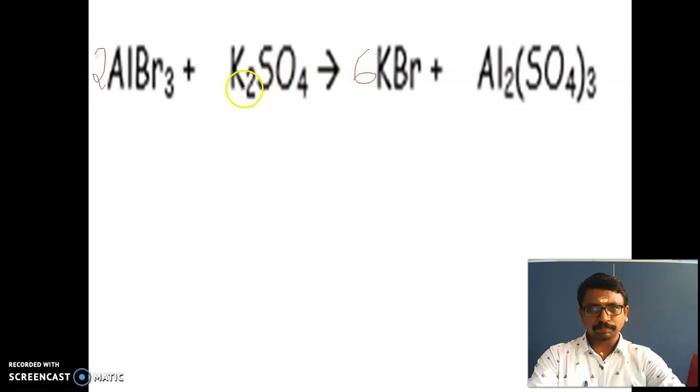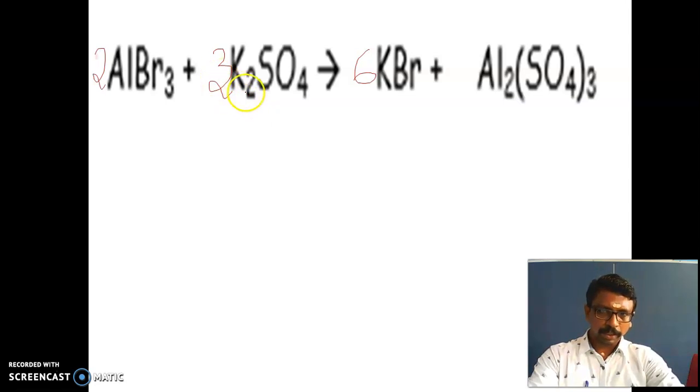And potassium you can see here. So how many number of atoms are here? Only 2. But in product the potassium contains 6 number of atoms. So we have to put 3 before the potassium sulfate here.